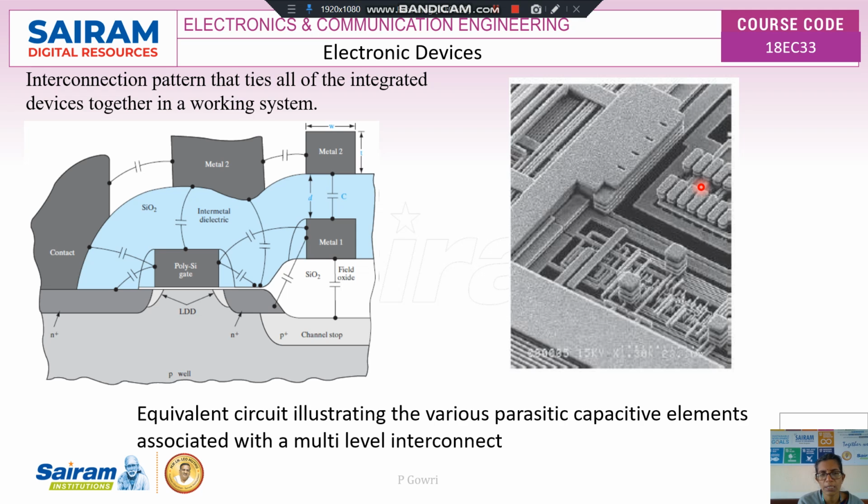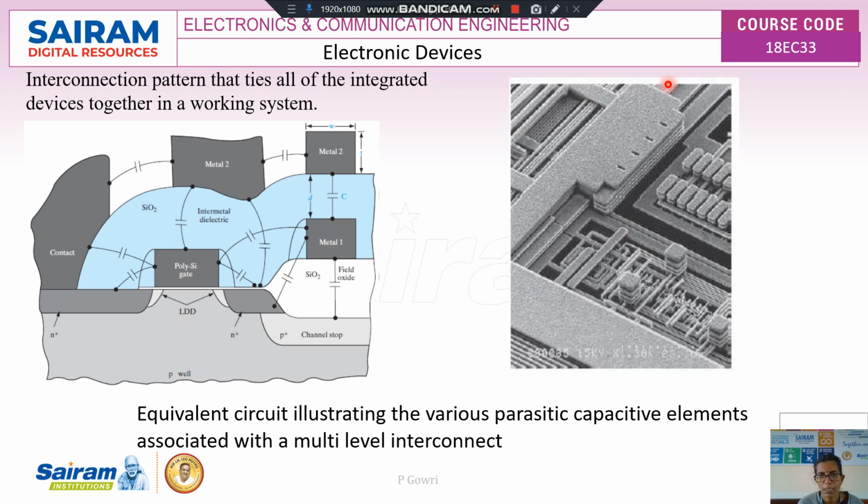The next one is what is meant by interconnects. Interconnects are nothing but the interconnect wires, the discrete wires we see outside, like when we use them in our lab. I have various components, and these various components or layers are tied together to form the interconnect.